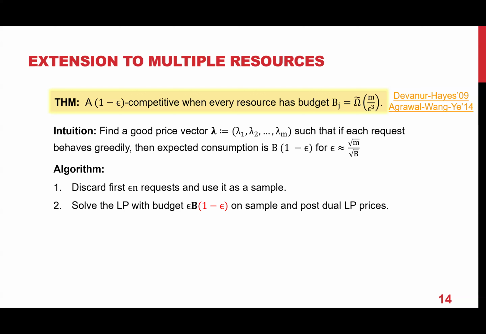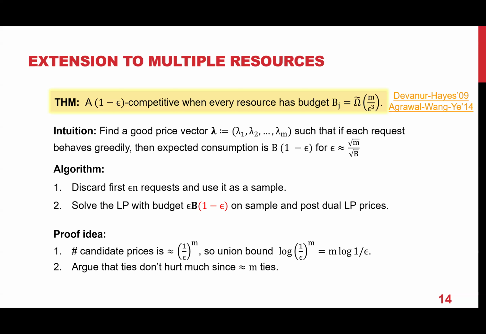Although you are in an m-dimensional space and naively there are infinitely many prices, I can discretize things to multiples of epsilon. So the number of potential prices will be of the order of 1 over epsilon to the m. Then you apply a union bound and Chernoff bound on each of these price vectors. That will lose you a log of 1 over epsilon to the m, so you get something like m log 1 over epsilon.